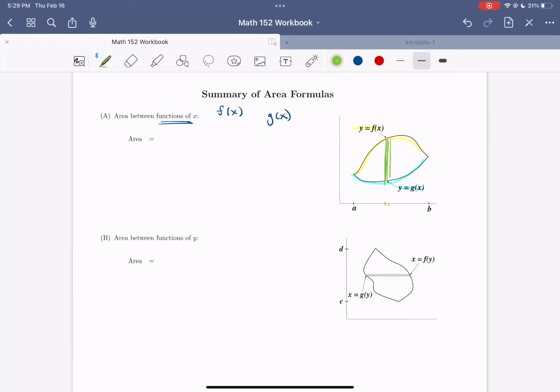Notice the width of the rectangle is going to be delta x or dx. And the length of this little rectangle is going to be f of x minus g of x. So then the area is determined by the integral from a to b of f of x minus g of x dx.